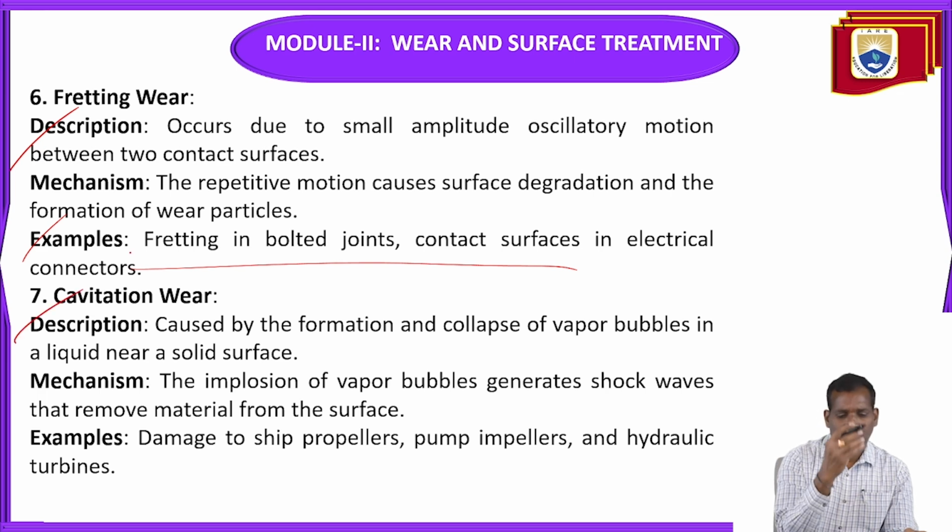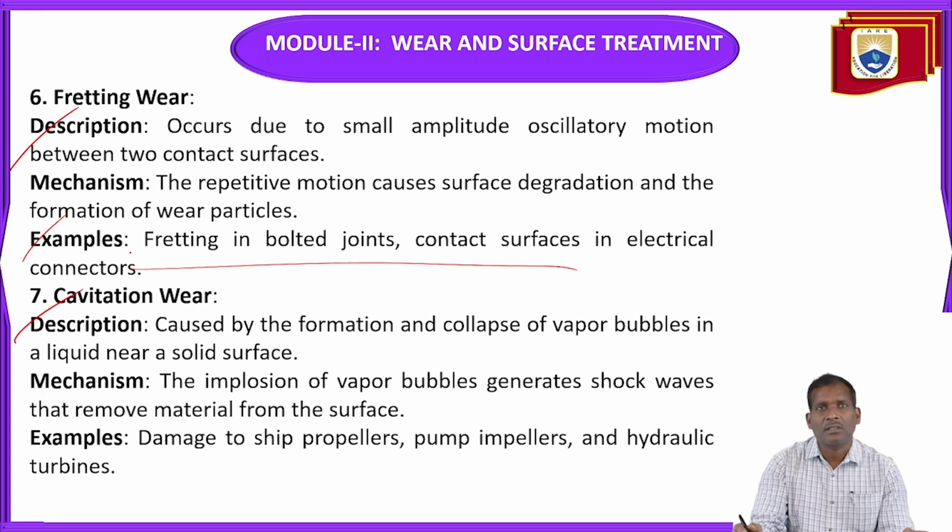Cavitation wear. In description, this type of wear is caused by the formation and collapse of vapor bubbles in a liquid near a solid surface. The cavitation will occur whenever the vapor bubbles collapse.